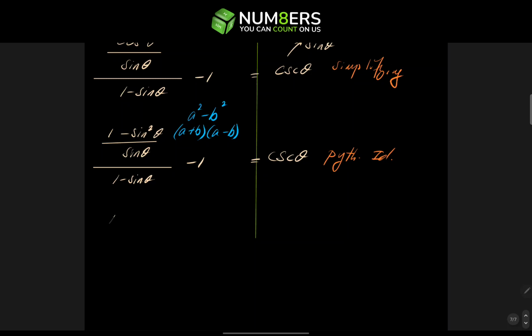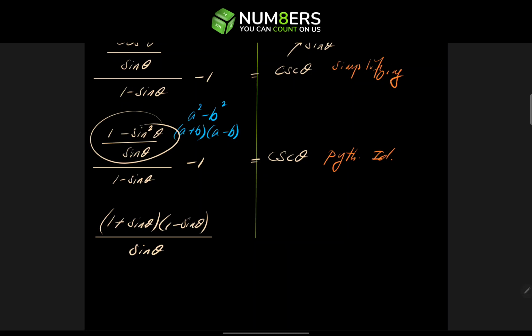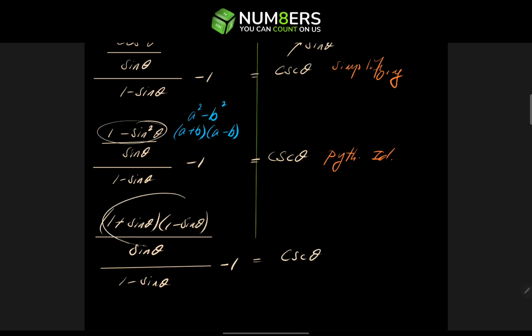So this becomes 1 plus sine theta times 1 minus sine theta all over sine theta, that's for the top, and all of this divided by 1 minus sine theta minus 1 is equal to cosecant of theta. And here we factor this into these two, and we write properties of algebra.